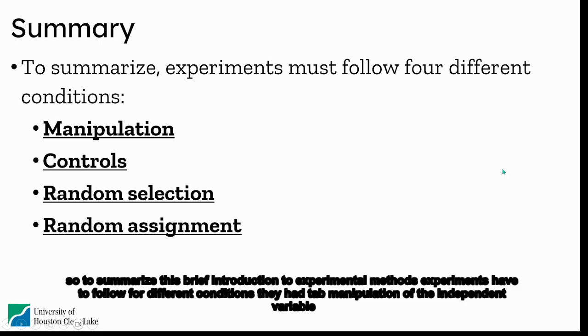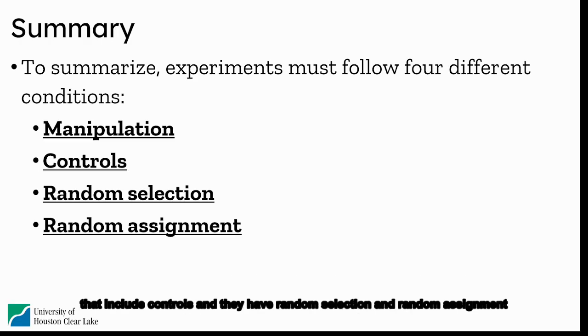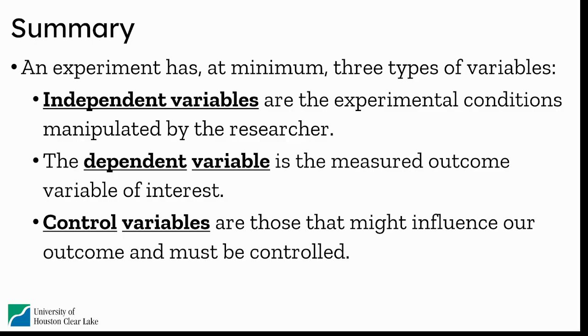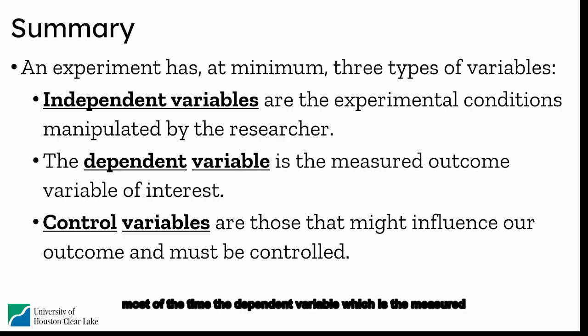So to summarize this brief introduction to experimental methods, experiments have to follow 4 different conditions. They have to have manipulation of the independent variable, they have to include controls, and they have random selection and random assignment. And at minimum, an experiment's going to have 3 types of variables. The independent variable, which is the experimental variable the researcher is manipulating, and it's going to have different levels most of the time.